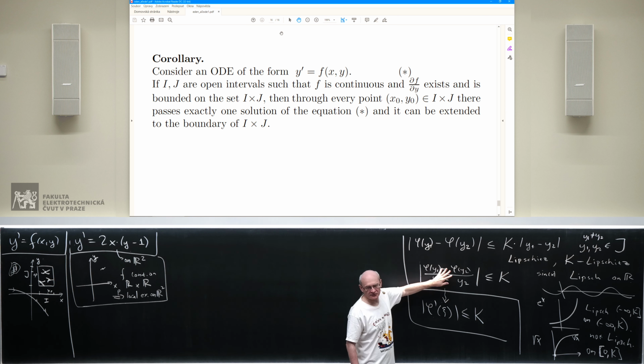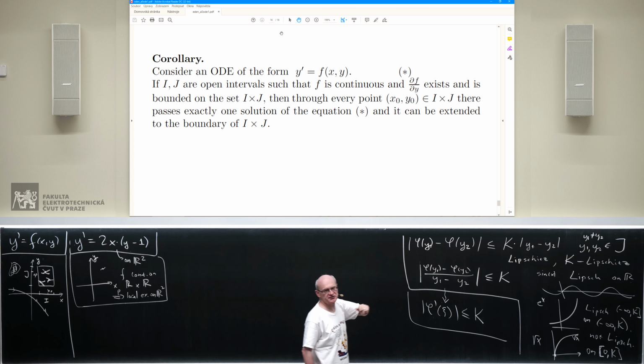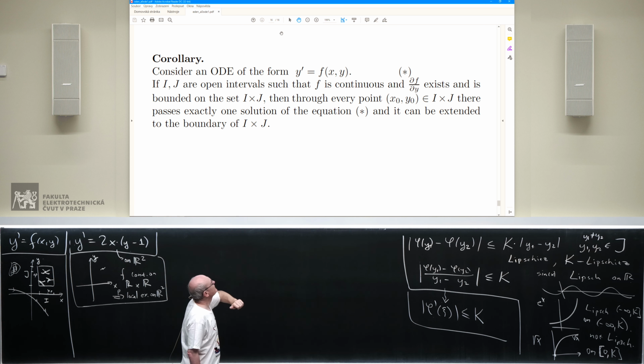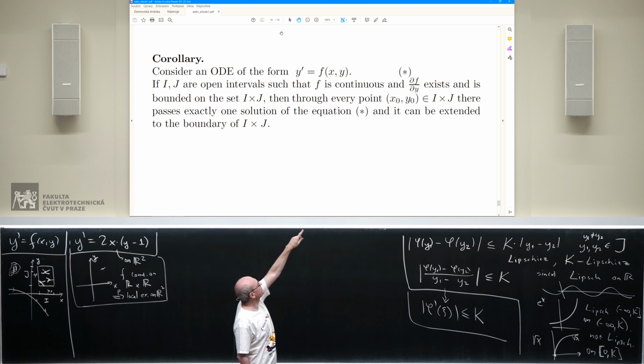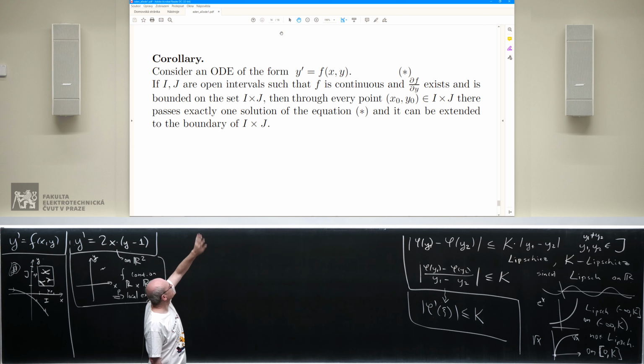That's why it goes in only one direction. You know about the derivative, you know about the function. That's the direction that we are interested in. We are lucky, okay? So if the partial derivative by y exists and is bounded on my rectangle, then we have existence and uniqueness. We are lucky. Okay, let's have a look at it.